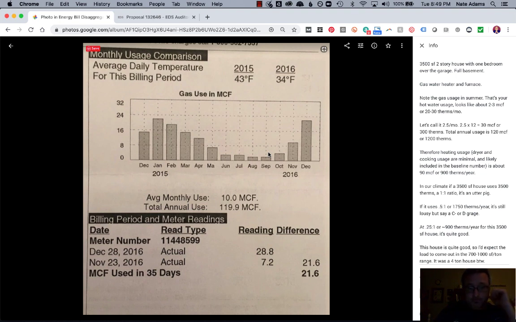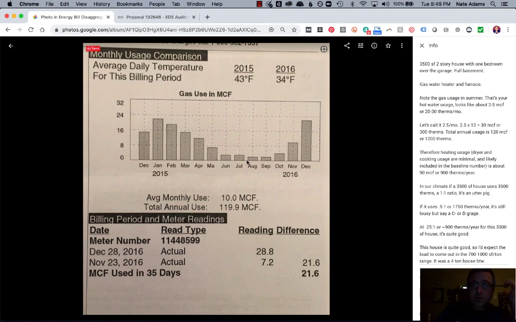for your baseline. Then you look at all the other months, and you can see what is the usage. So their high usage in January and December looks like 22 MCF, 220 therms. That's not very much. Then you can look at the annual usage here as well. And again, the baseline, let's call it 25 therms a month.